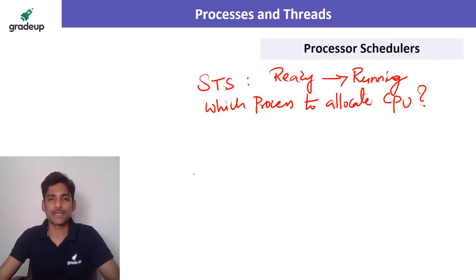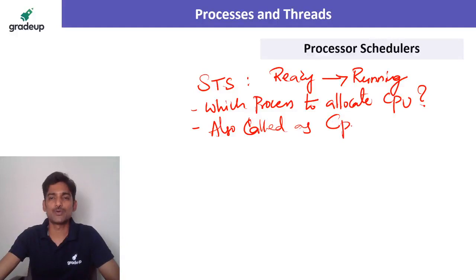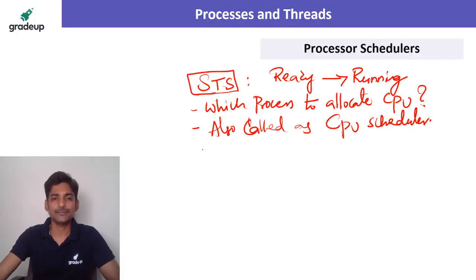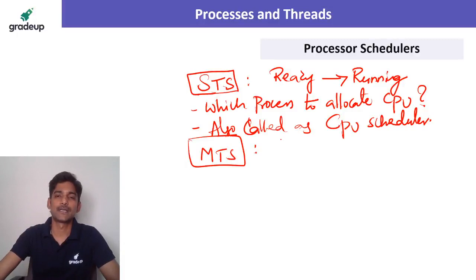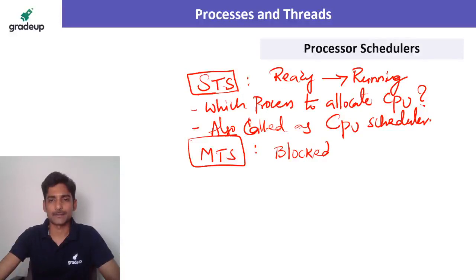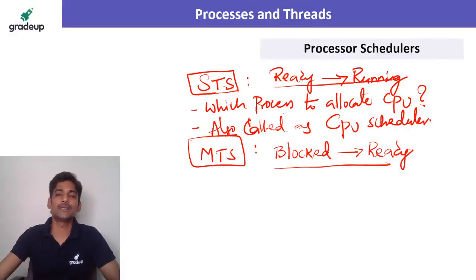So the short-term scheduler is also known as the CPU scheduler. Then the medium-term scheduler decides which blocked process to switch to ready state first. So this transition will be decided by the medium-term scheduler.